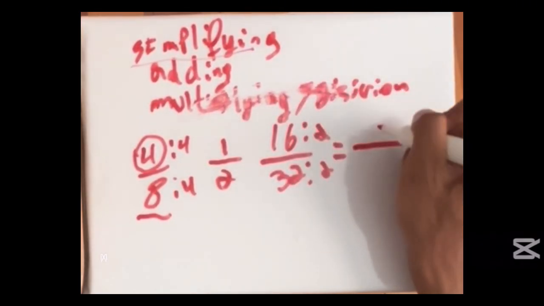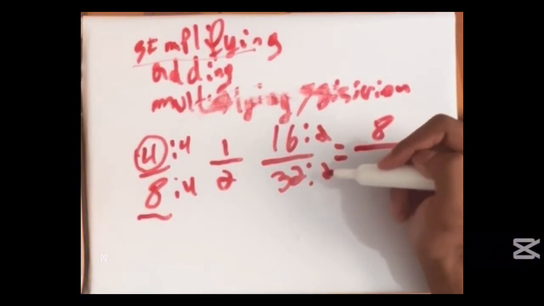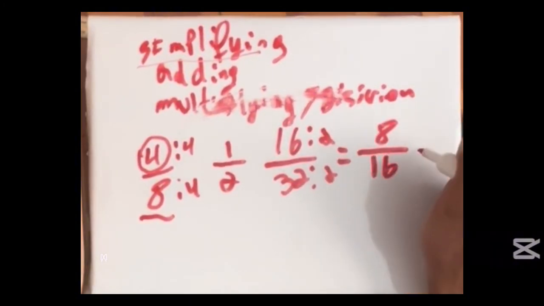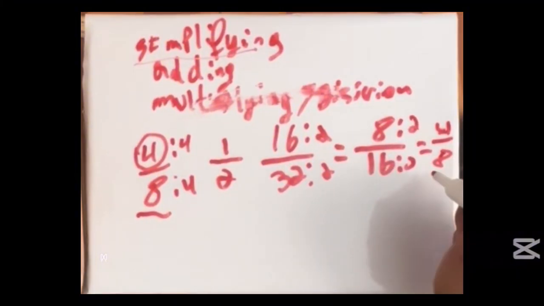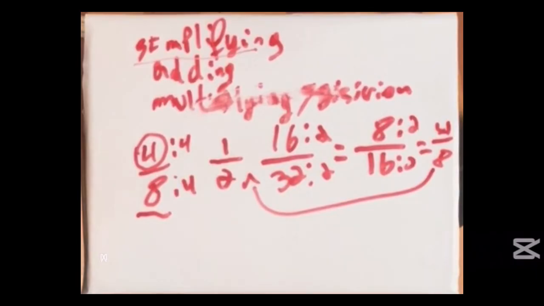So this is going to equal 8 over 16, and you can keep going like that, repeating again, 2, which is 4, which is 8, until you reach the simplest form. So this is the basics of simplifying fractions.